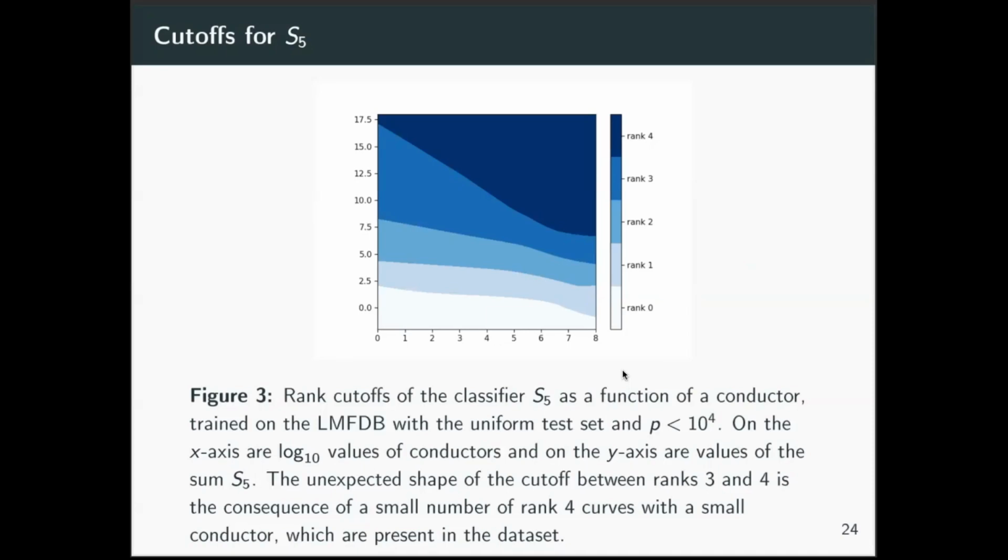For each conductor you have a certain cutoff for each of these ranks, and this is what the neural network decided the cutoff should look like, and how it changes when you increase the conductor of the elliptic curve.